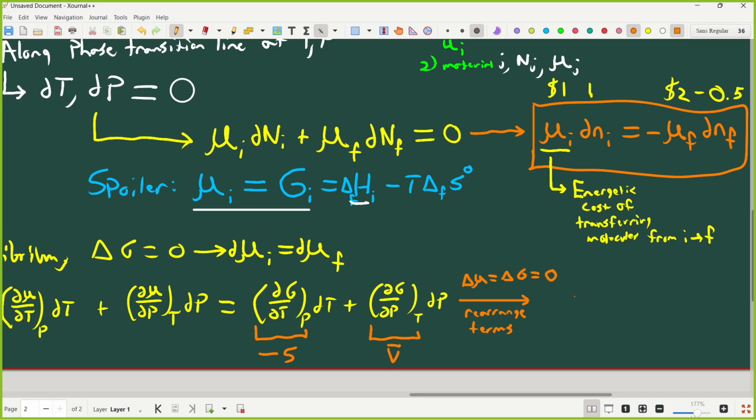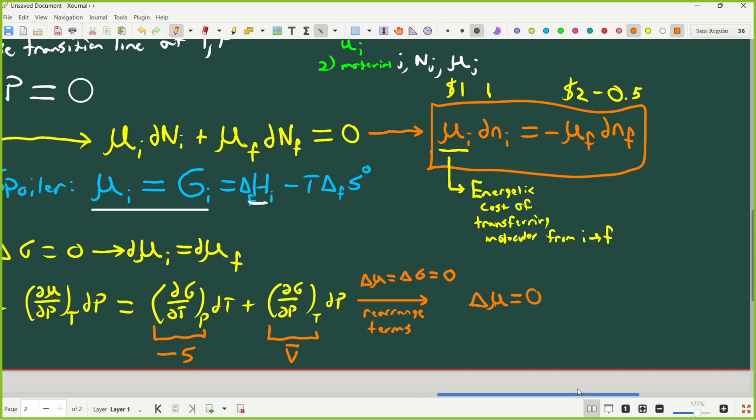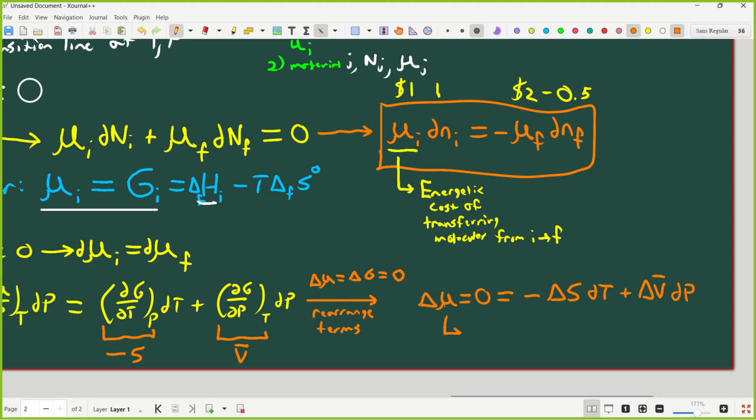I get that the change in chemical potential, which is 0, is equal to minus the change in entropy, dT, plus the change in volume, dP, okay, which says that delta V, the change in the volume, dP, is equal to the change in entropy, dT.